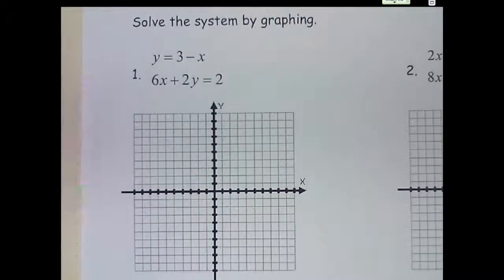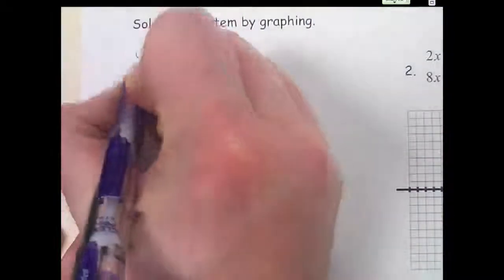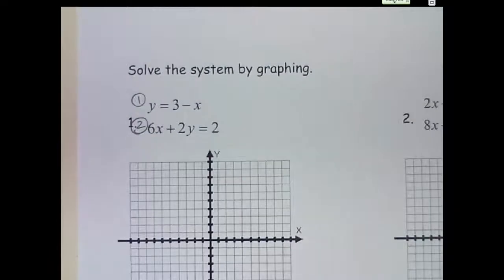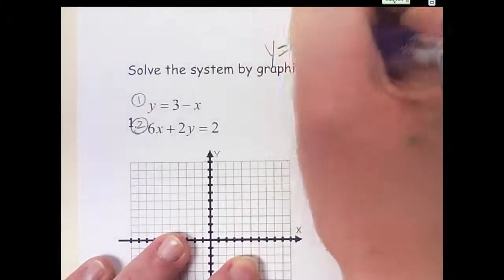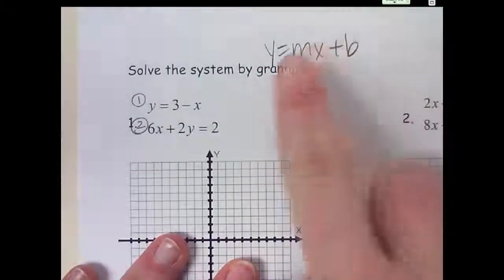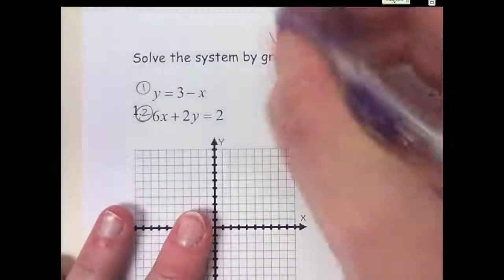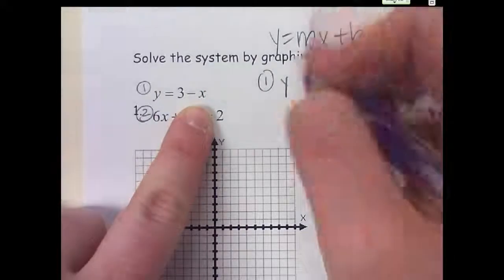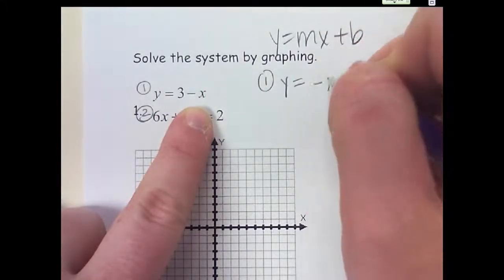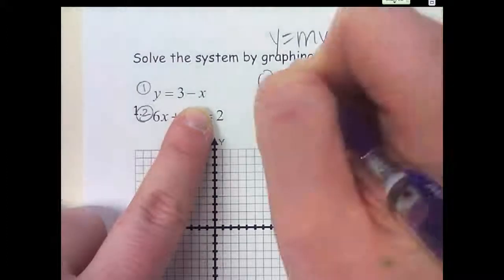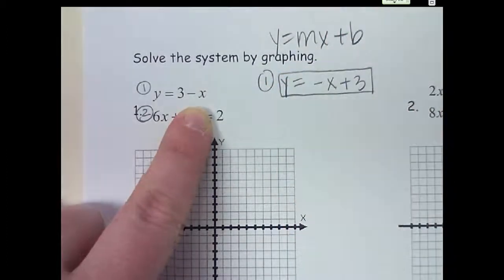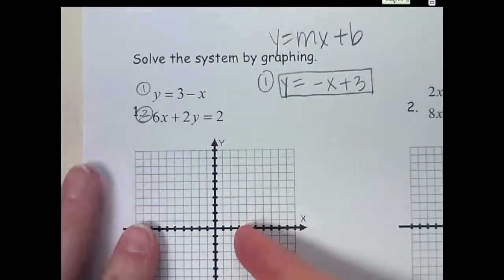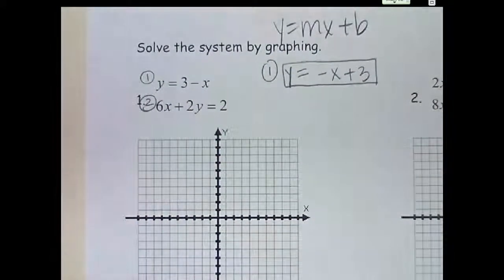So number 1, let's do the same thing and label our 2 equations, 1 and 2. Just like before, I want to still get it in y equals mx plus b form. I can't graph it until it looks like this. So the first equation, I'm going to rewrite that because it's not in slope-intercept form. So I want to say y equals negative x plus 3. This is what I'll look for. I'm going to look for your equation first, make sure you got your equation right, and then I'll check your graph.